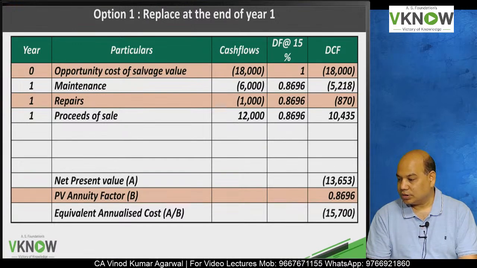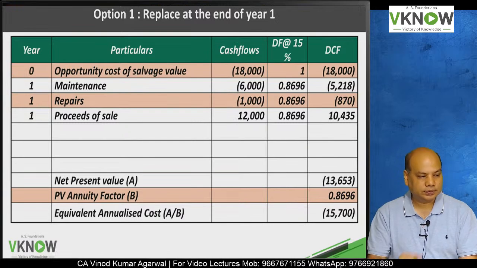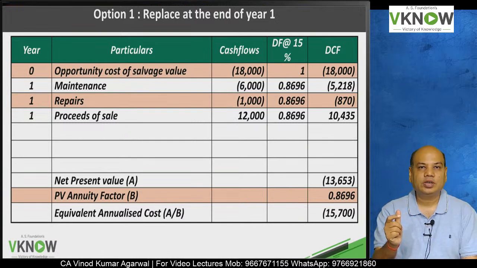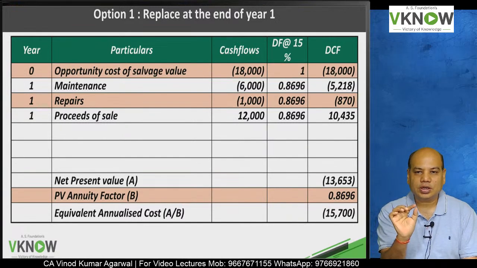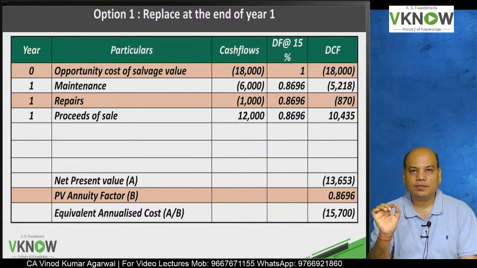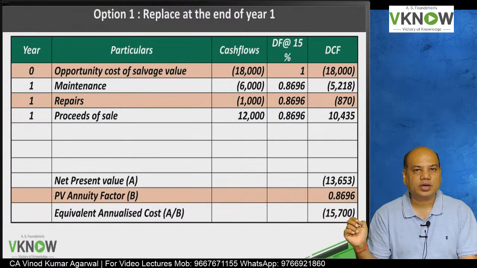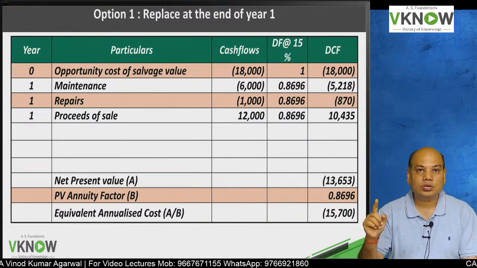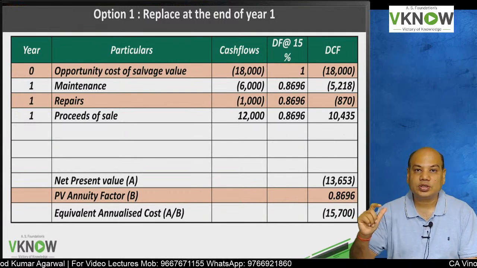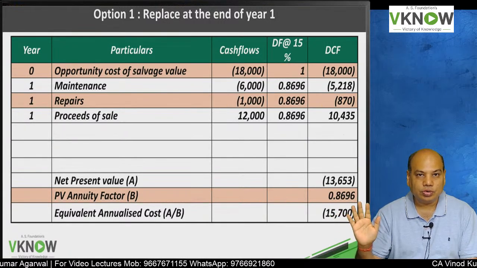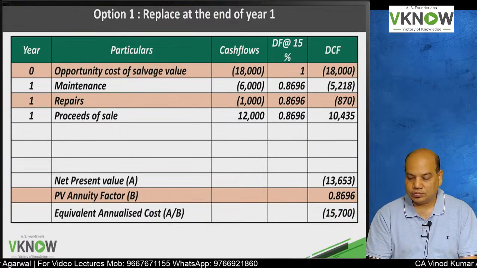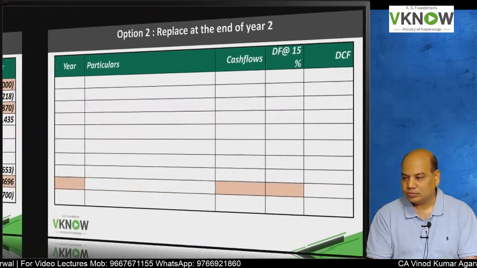What is the answer? 15,700. If I use it for 1 year, then sell it, it amounts to spending 15,700 rupees per annum, whereas the new machine will cost you 16,000 per annum. So this is lower.